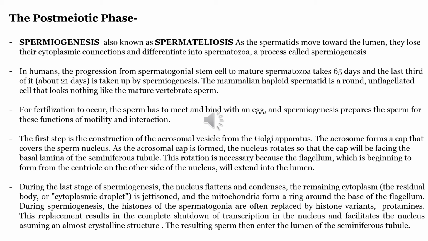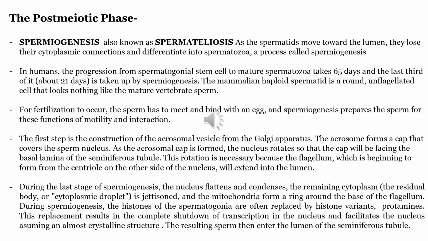During the last stage of spermiogenesis, the nucleus flattens and condenses, and the remaining cytoplasm is shed off. Most of the organelles and most of the nuclear material is shed off, and the mitochondria form a ring around the base of the flagellum.